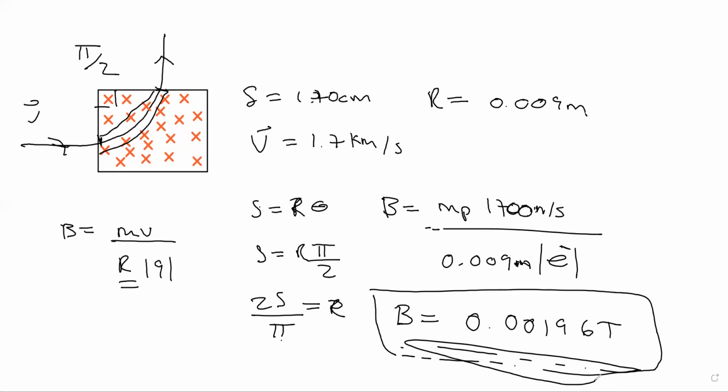All right, I'll let you do the math real quick. I got 1.3 times 10 to the negative 3. Should be fine, it's about the same.